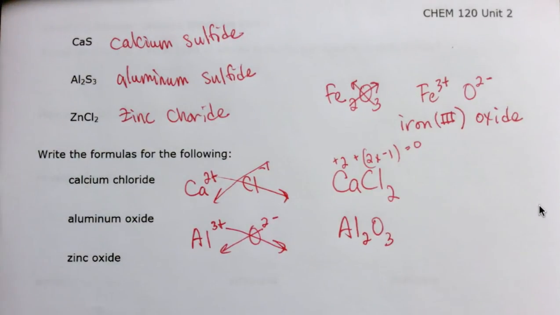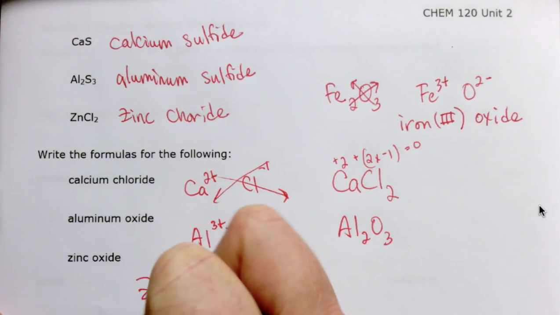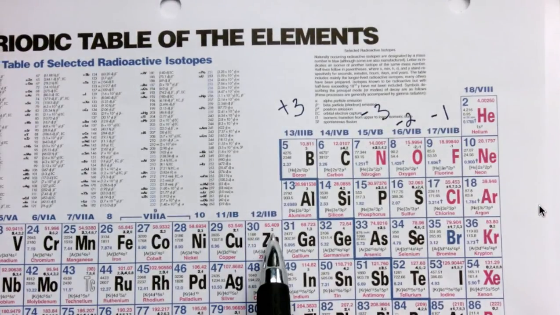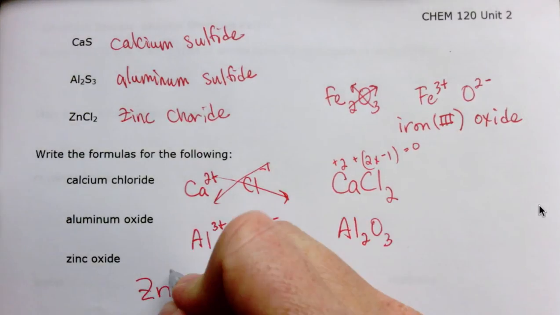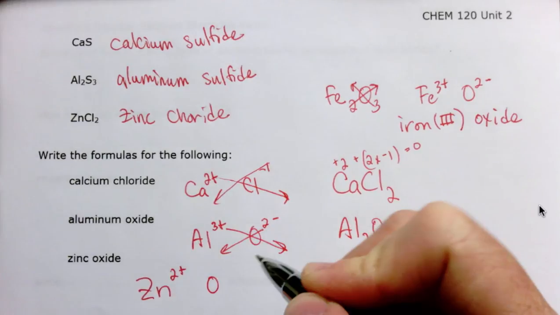Okay, now zinc oxide. I said it's not zinc 2 oxide because it's a transition metal that just has 1 charge. So the charge is written right above zinc here, so that's +2. And then oxygen is in group 6.